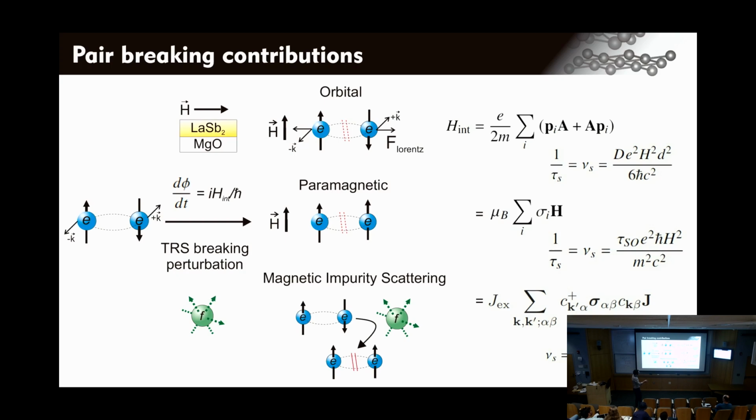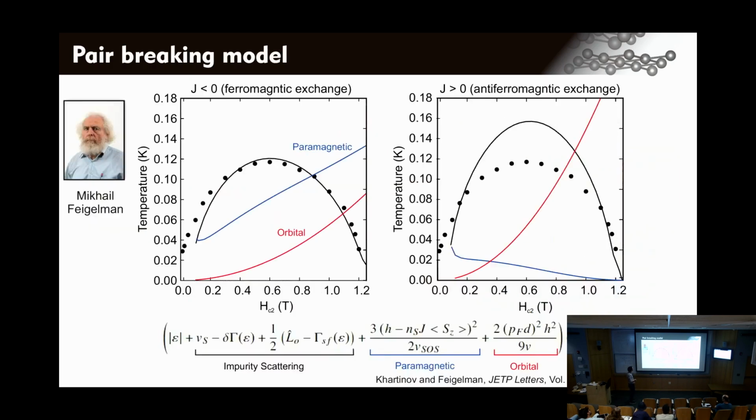But basically, we can come up with another rate where we have some J squared, which is the exchange interactions, spin, and the number of particles. So all this to say that we have different scattering rates, and these work in some additive or subtractive way to either increase or reduce TC. This is really how you break the superconductor, by making these work either with each other or against each other.